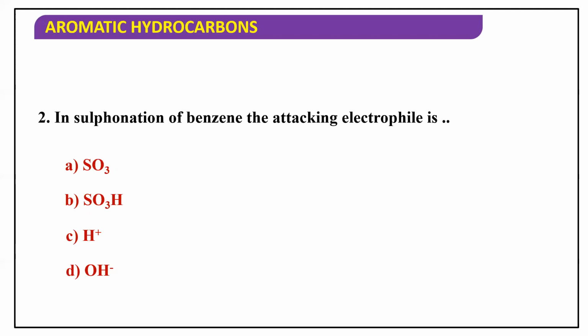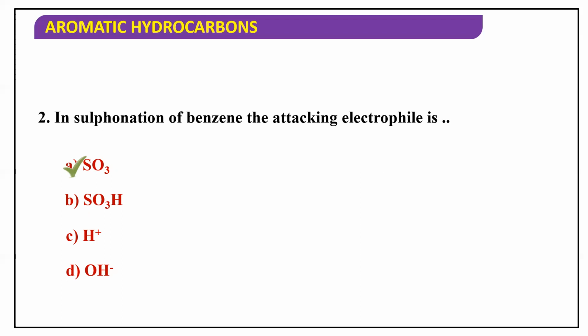In all the three cases, the new electrophile was positively charged. It was either Cl plus or Br plus or NO2 plus. Whereas in the case of sulfonation, the actual attacking electrophile is SO3, which is a neutral electrophile. So very, very important.